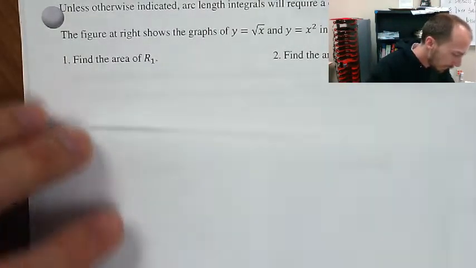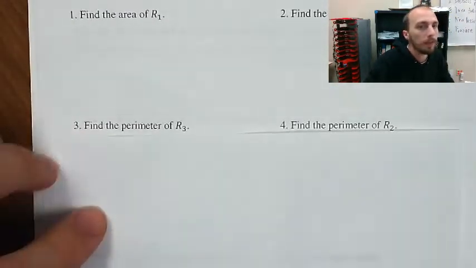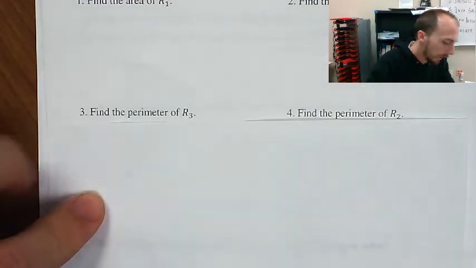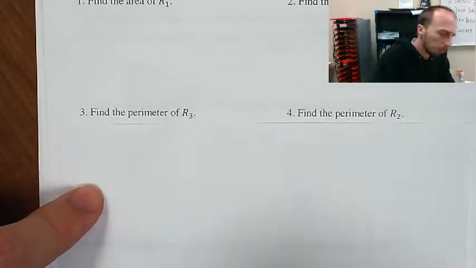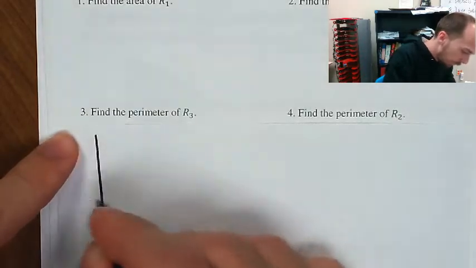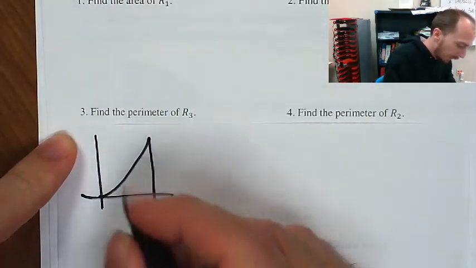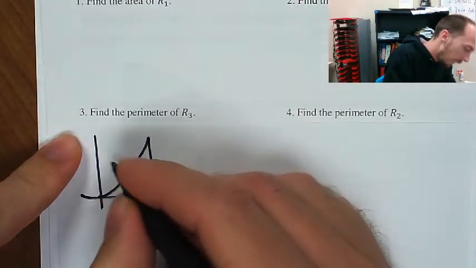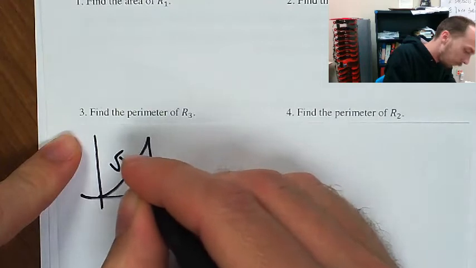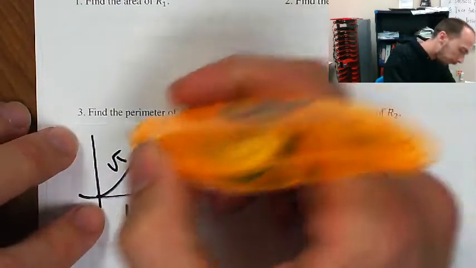So anyway, the perimeter of R3. It doesn't say otherwise, so it is going to require an integral, I mean, a calculator to run the integral. If I draw you a picture of R3, it would be that. I have 1 here, 1 there, and y equals, nope, that's not y equals square root x, that's y equals x squared, pardon me.